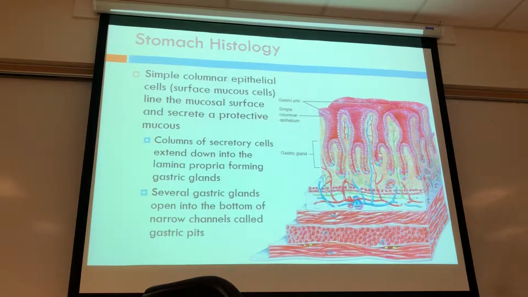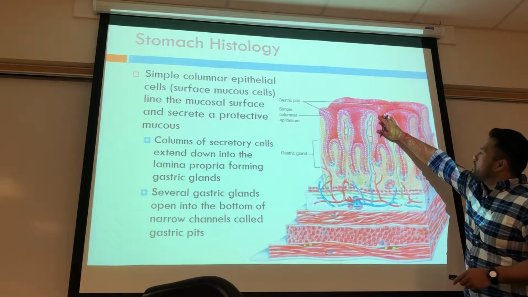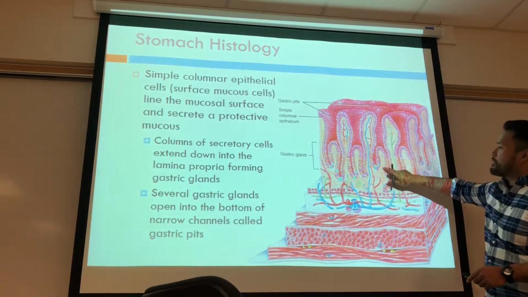Within these pockets, you're going to have specialized epithelial cells with very specific functions. Those functions, which you'll learn later on, are the production of acids, as well as mucus. These little gastric pits at the very bottom are going to have the gastric glands.